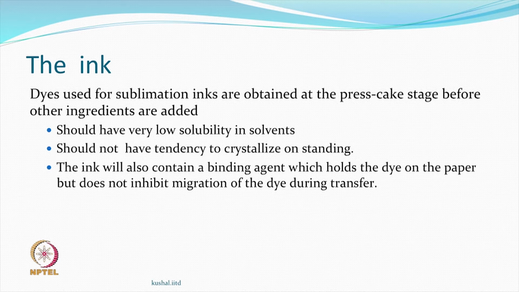So, this is what the people will be doing to prepare ink. You have a dye which obviously is the most critical part, and the other critical parts are the binder and the solvent that you use. You can appreciate that you will not be adding anything like an acid, an oxidizing agent or things like that, or alkali, because you are still using paper.